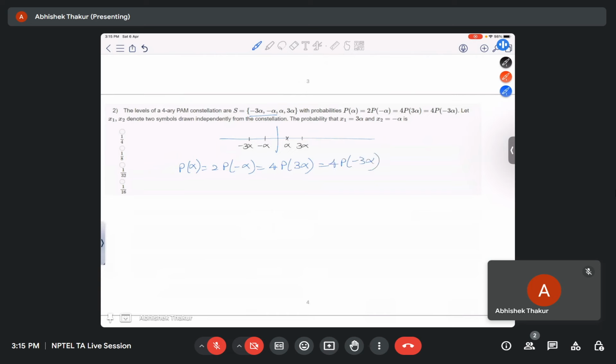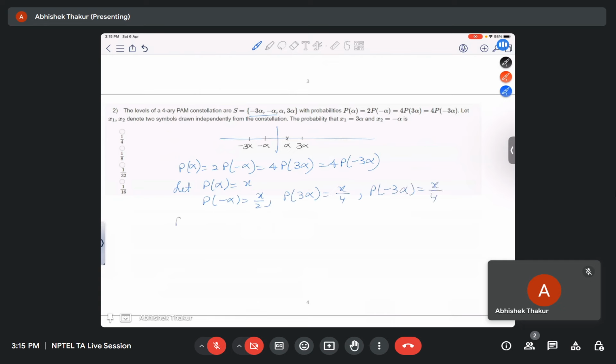Now let probability of alpha be x. Then probability of minus alpha is x by 2, probability of 3 alpha is x by 4, and probability of minus 3 alpha is also x by 4.